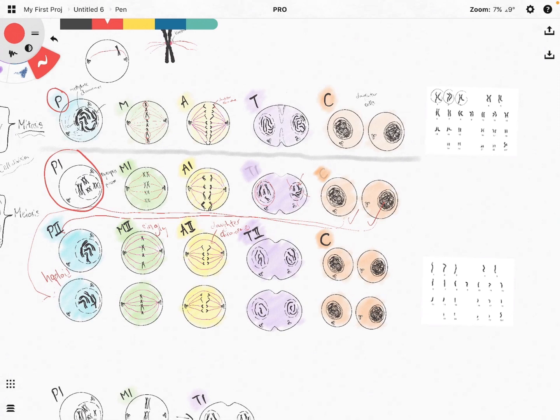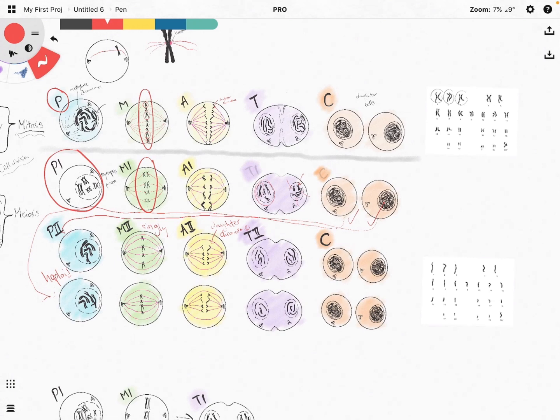Difference number 2, homologous chromosomes line up in pairs along the metaphase plate in metaphase 1 of meiosis, while chromosomes line up singly at the metaphase plate in metaphase of mitosis.